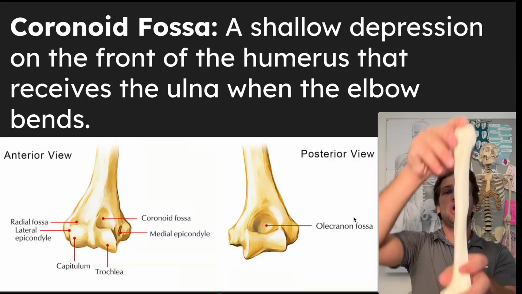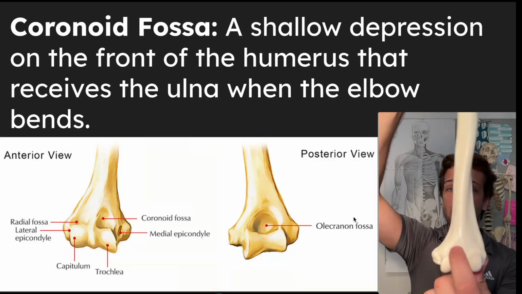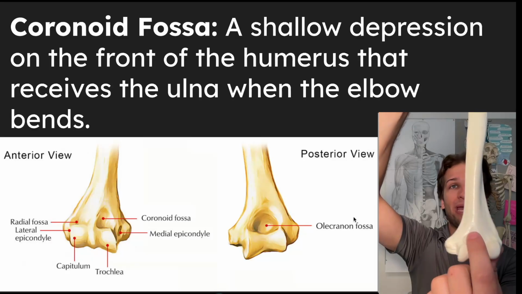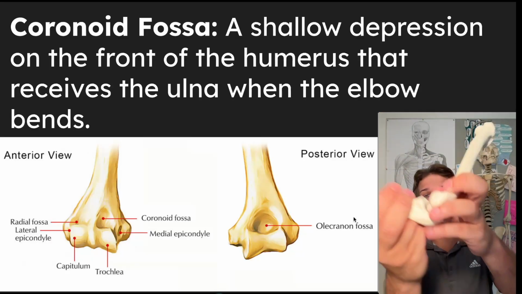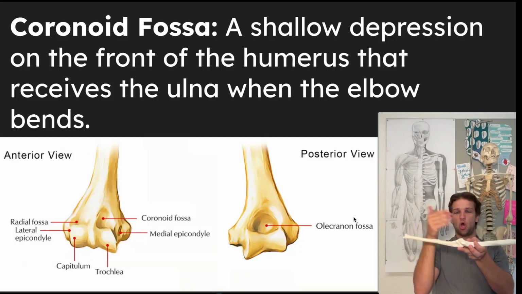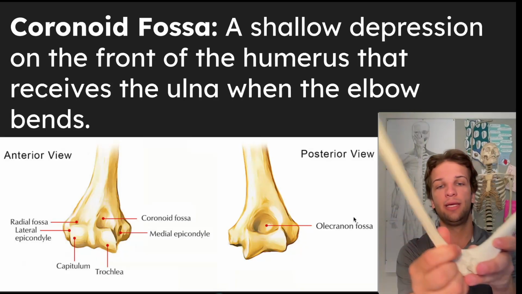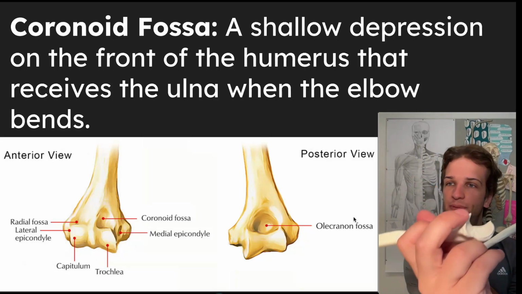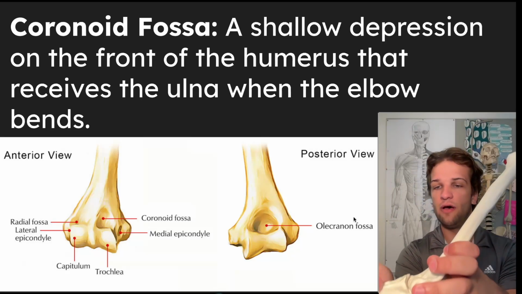We then have on the front side of our humerus our coronoid fossa. While the olecranon fossa is about holding the bones open and having them slot into each other, the coronoid fossa is about putting this piece of the ulna into that front section of the humerus.